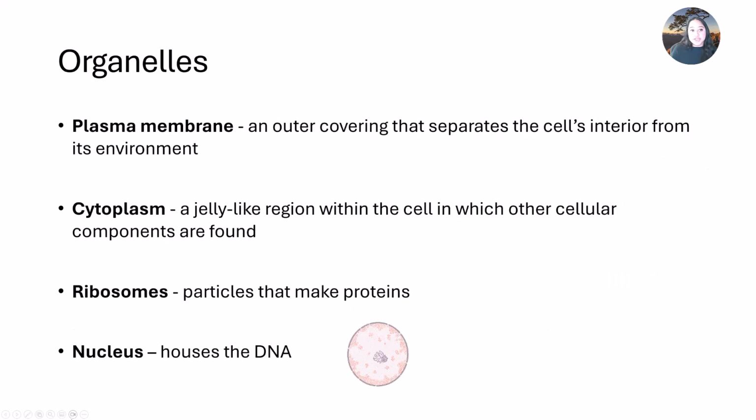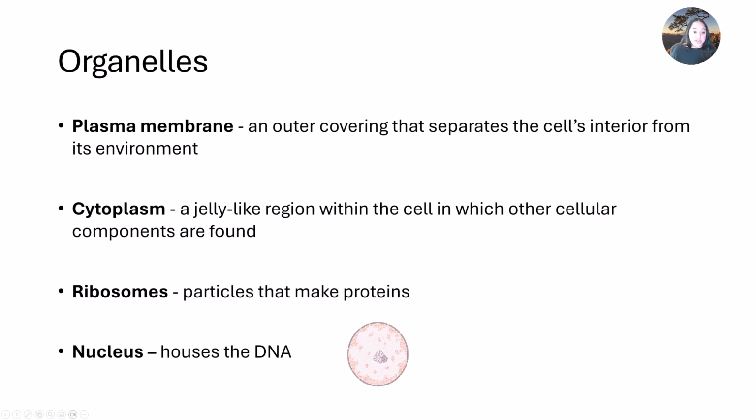Like I mentioned, these are 4 of the things that are in all cells. The plasma membrane is the cell membrane that covers the cell and separates the inside of the cell from its environment. The cytoplasm is the jelly-like region that has the other organelles in it.